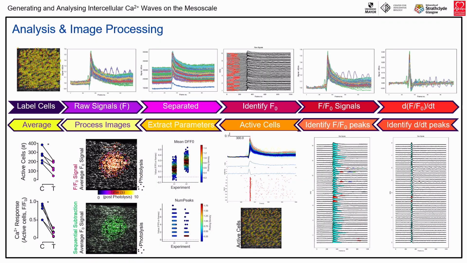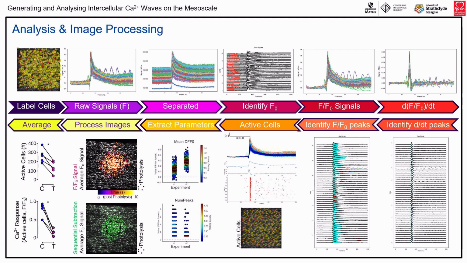To analyze this, we use a mixture of manual and automated analysis techniques. So, manually labeling the cells, because we haven't been able to actually get any really good automated way of finding cell boundaries. So if anybody knows how to do that, please come chat to me. Then these locations and all of the stacks are loaded into a home-written Python script where we find the raw signals, identify the baseline, and find the F/F0 signals.